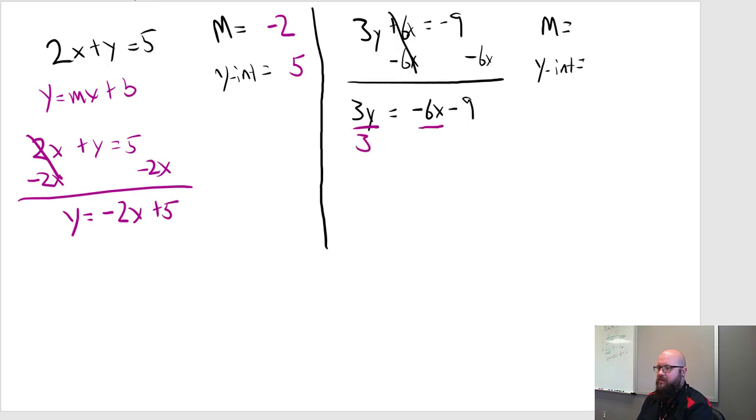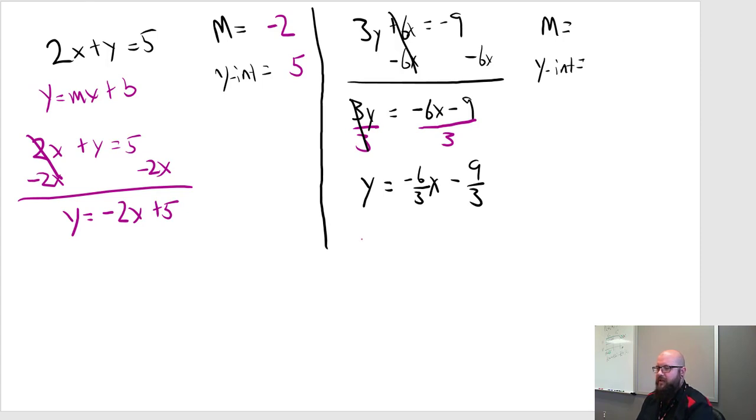Therefore, our 3's over here go away on the y, so we're left with y, and that equals -6 divided by 3x minus 9 divided by 3.